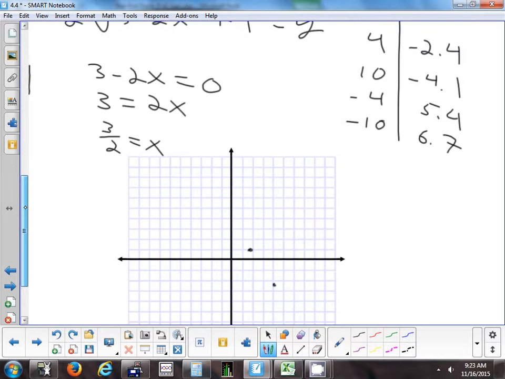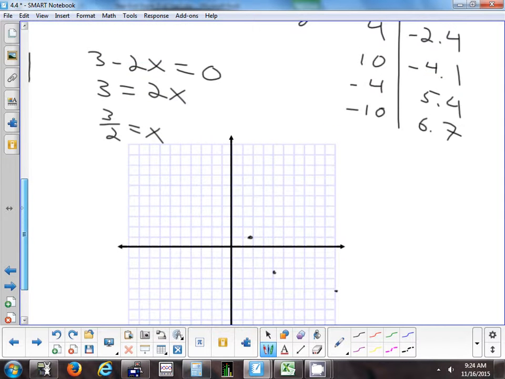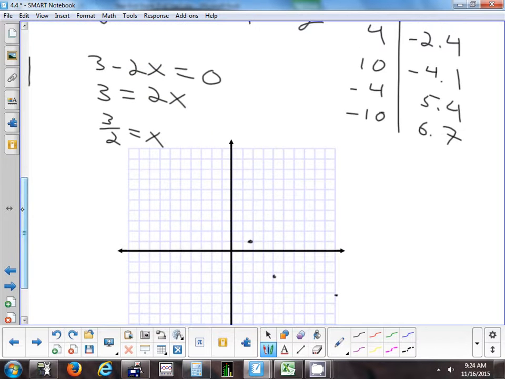Let's see, 10, negative 4.1. Okay, that's one side. And the other one, negative 4, 5.4. Negative 10, 6.7. Okay, if you feel like you need more points, go for more. I think that's plenty.